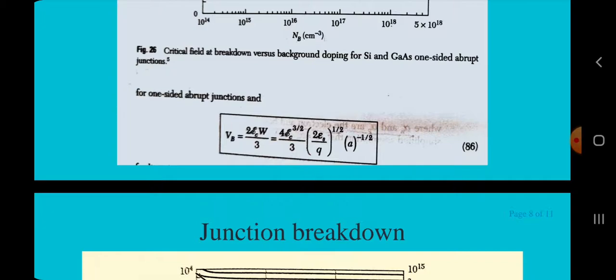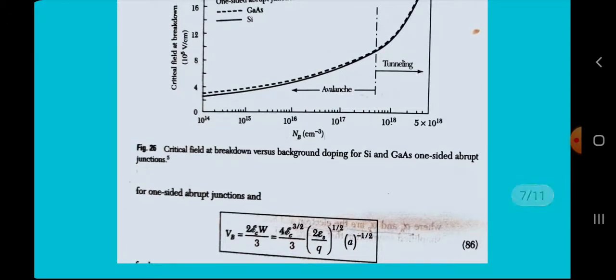The dashed dot line to the right of the high doping or high impurity gradients indicates the onset of the tunneling effect. Gallium arsenide has higher breakdown voltages than silicon for a given NB or A, mainly because of its large band gap. The larger the band gap, the larger the critical field must be for sufficient kinetic energy to be gained between collisions. The larger critical field in turn gives rise to higher breakdown voltage.